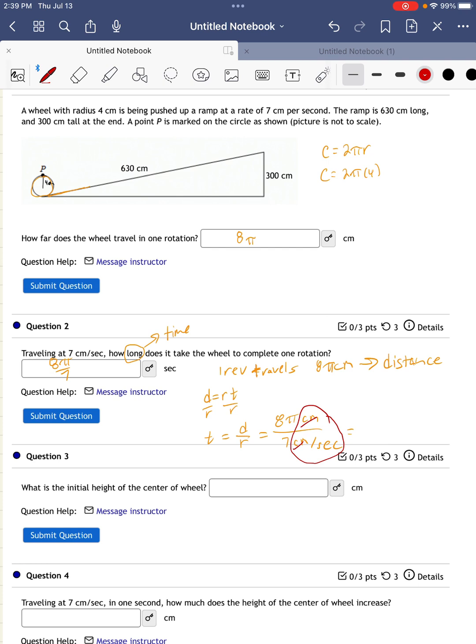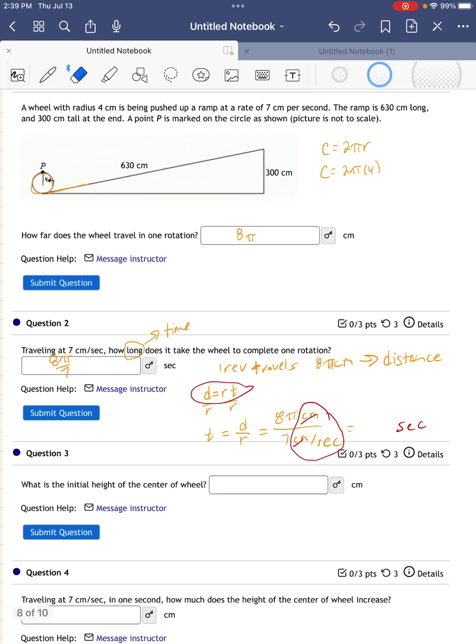It's going to be flipped over and sent to the numerator. So our final answer here, the units will be correct, seconds, if we do this calculation of distance divided by rate. Even if you forgot this equation, if you just pay attention to the units, they can direct you in the right direction.